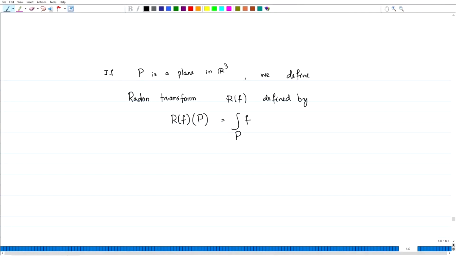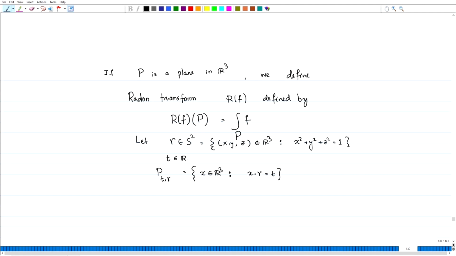So let gamma be in S^2, the unit sphere in R^3, such that x^2 plus y^2 plus z^2 equals 1. Then take t belonging to R. The plane P(t, gamma) is the set of all x in R^3 such that x dot gamma equals t.